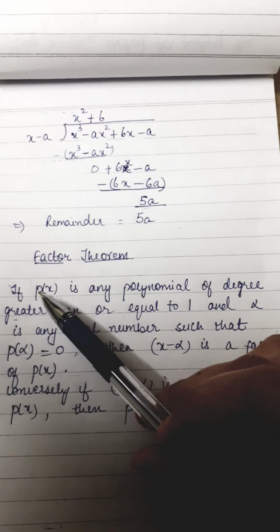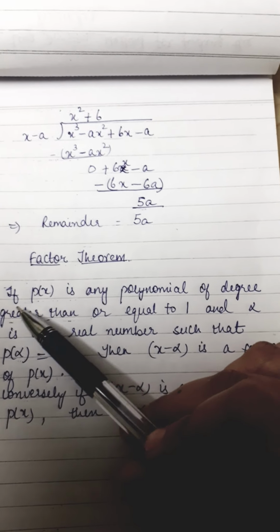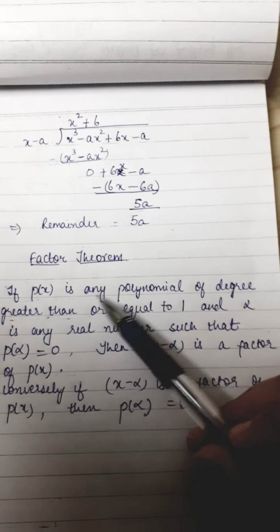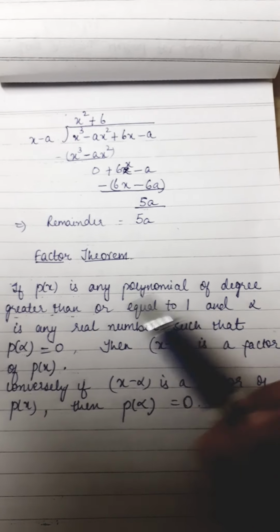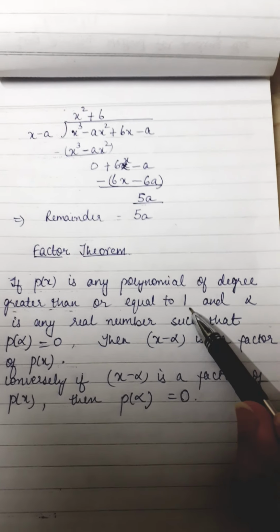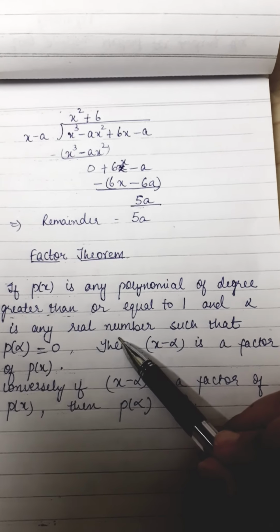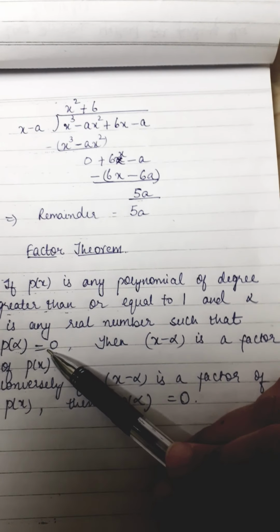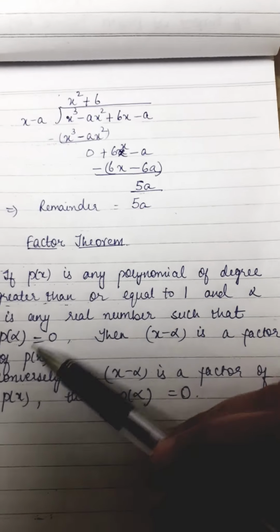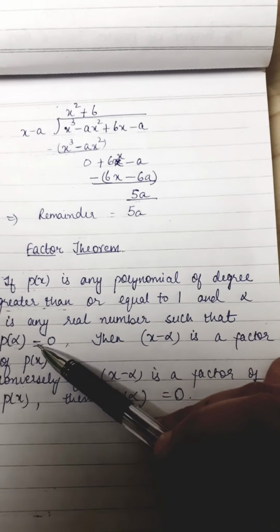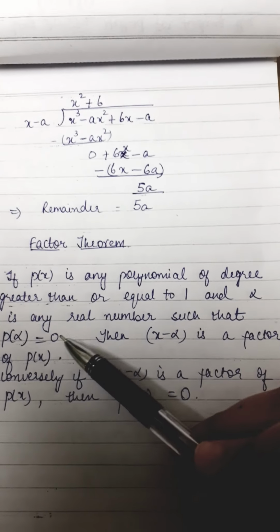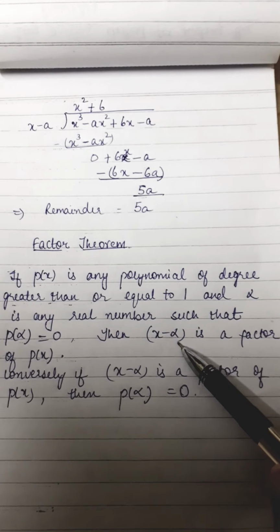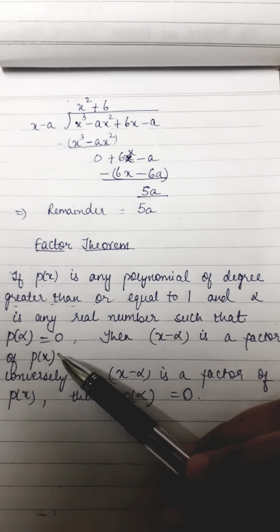So this is the statement of the factor theorem: if p of x is any polynomial of degree greater than or equal to 1 and alpha is any real number such that p of alpha, that is the remainder, is equal to 0, then x minus alpha is a factor of p of x.